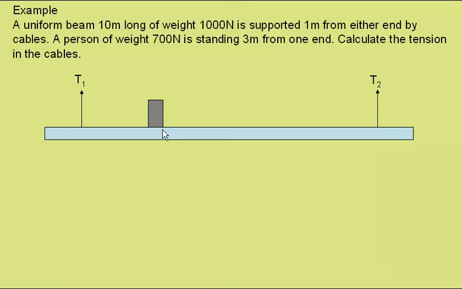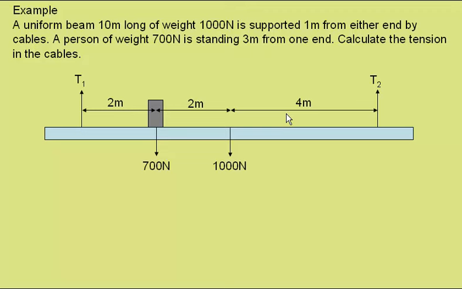The person here has weight 700 newtons, and the weight of the beam acts here at the centre, 1000 newtons. This distance here will be 2 metres, the person is 3 metres from the end, and this distance was 1 metre, and this distance here will be 2 metres. This distance here is 4 metres.